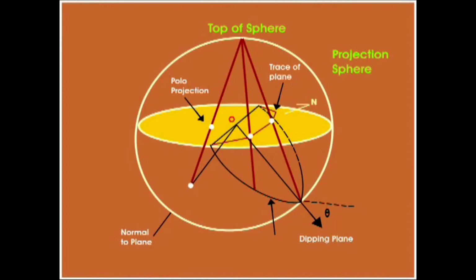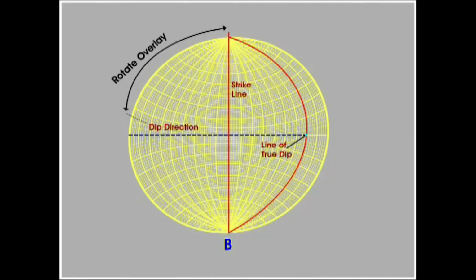Poles means the lines that are perpendicular to the planes, the normals to the planes, which will be plotted as points. When we plot only the poles of a huge number of plane data measured in the field, the diagram is known as a pi diagram.